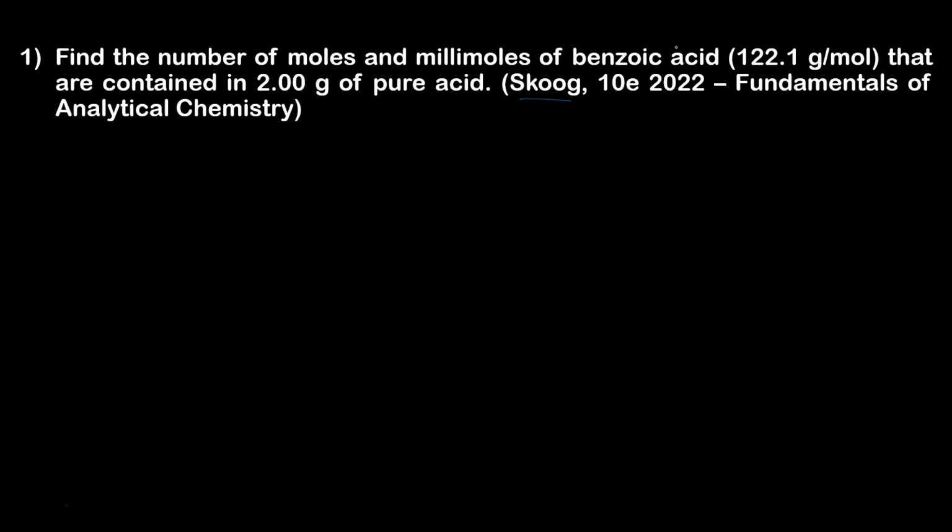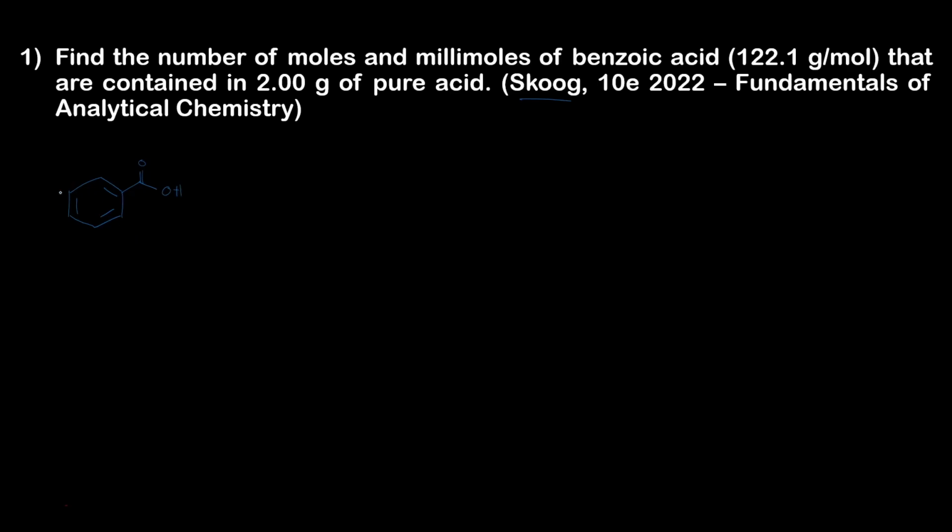But if we were not given the molar mass of benzoic acid, we must know its structure in order for us to know its molar mass. It is a well-known chemical, benzoic acid, and it has this structure. We have a carboxylic acid as its substituent.